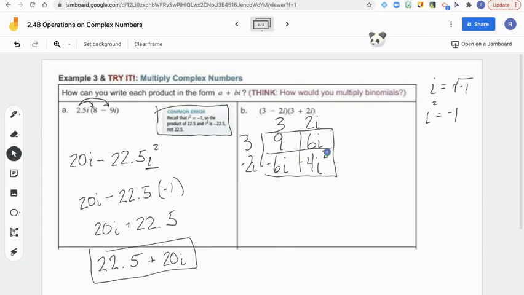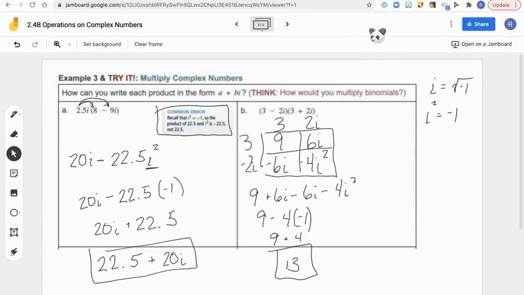Okay, so as I take those numbers out of the box, I'll get 9 plus 6i minus 6i minus 4i squared. Plus 6i and minus 6i are going to cancel each other out. Remember that i squared is really the same as a negative 1. So this is going to turn into 9 plus 4, which is 13.